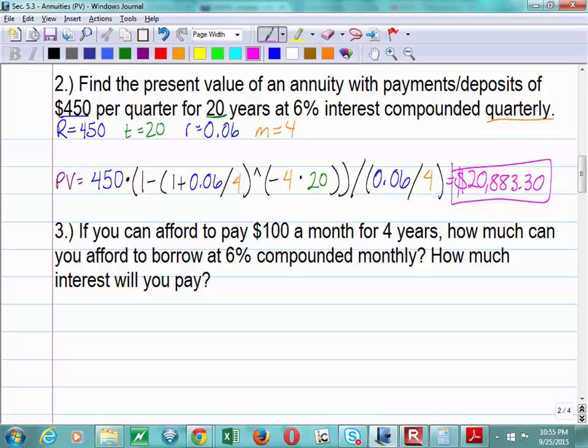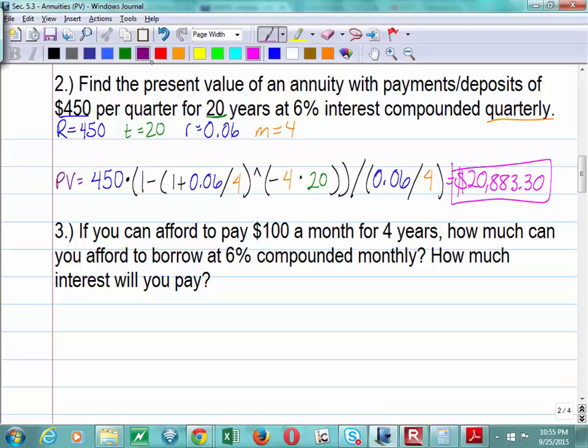Alright, now as I mentioned earlier, this formula can also be used to figure out how much of a loan you can afford if you know that you can afford a certain amount of payments. So just using the same formula, if you can afford to pay $100 a month for 4 years, how much can you afford to borrow at 6% compounded monthly? And how much interest will you pay?